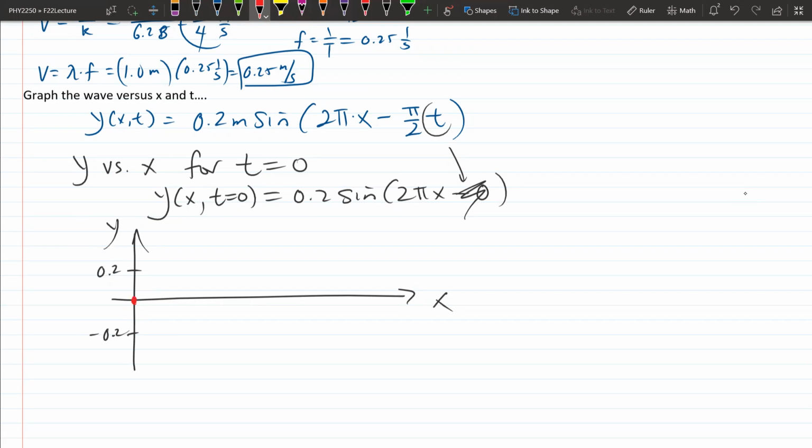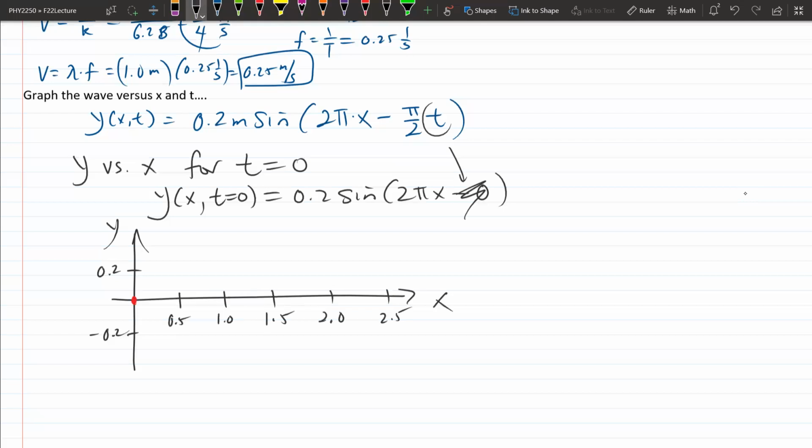So I'm going to start marking my x-axis with x equals 0.5, since we're doing the graph, and then 1.0. Let me space this out a little bit more. 0.5, 1.0, 1.5, 2.0, 2.5.